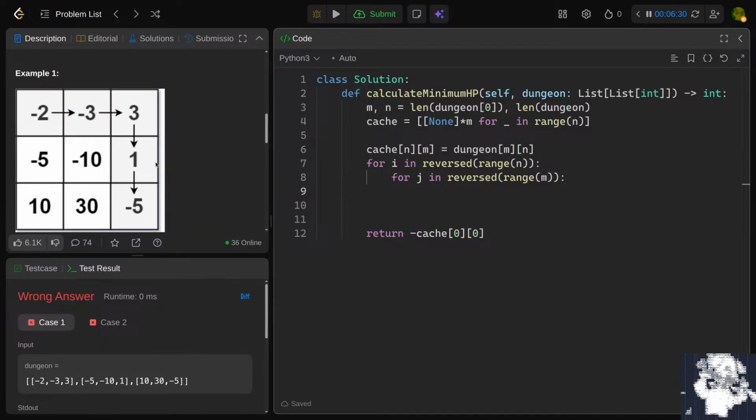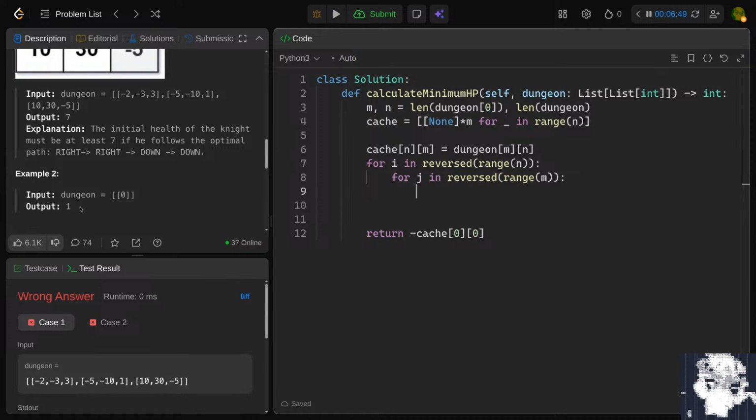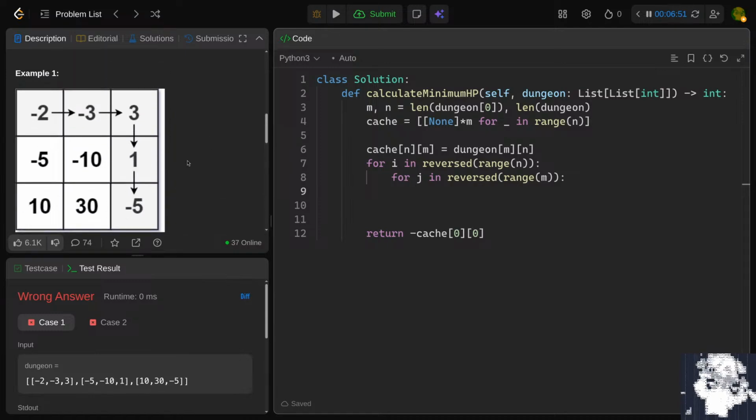And then for each cell, its value is going to be whatever is best, which is to say highest, because we want the minimum health that you would need. So whatever is highest between these two.